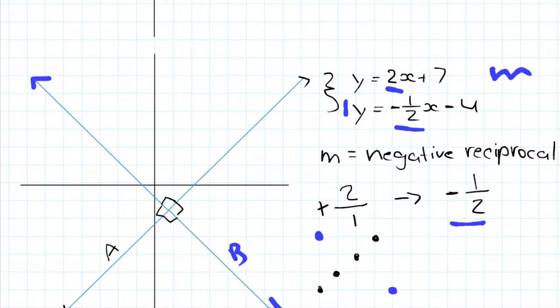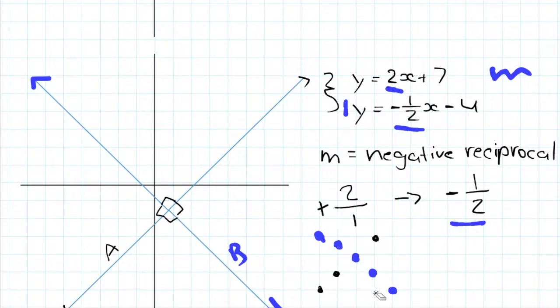So let's go negative 1 this time. We'll go rise minus 1 and run 1 right over here. So run 1 and rise 1, run 1 and rise 1, run 1 and rise 1. You have line A and line B right beside each other, so you can see it side by side.